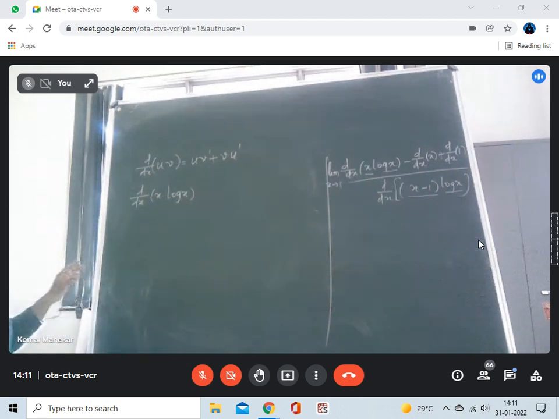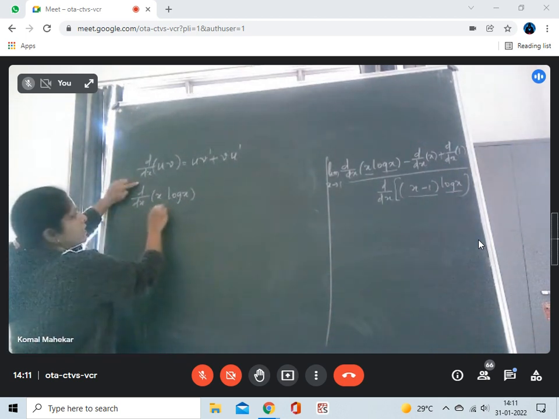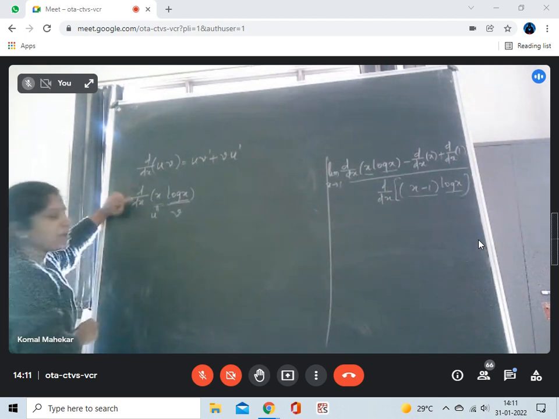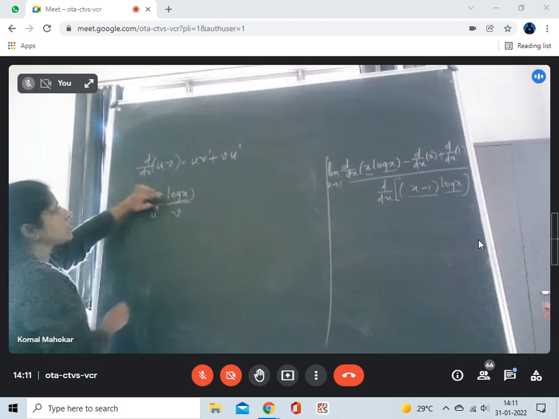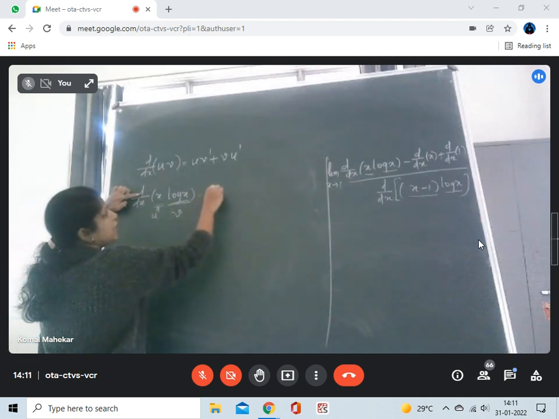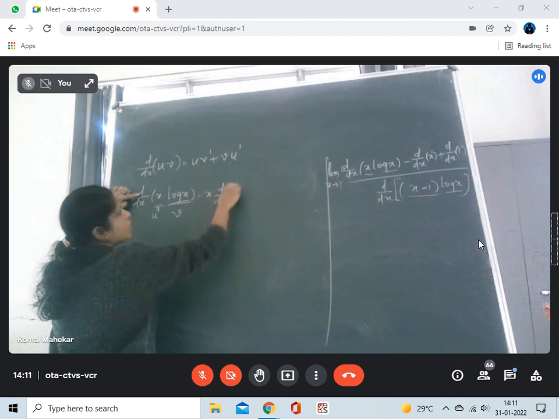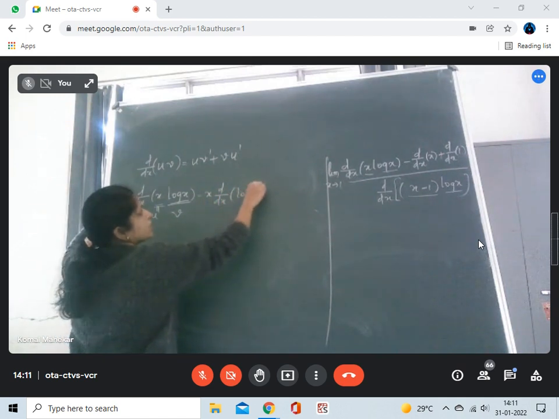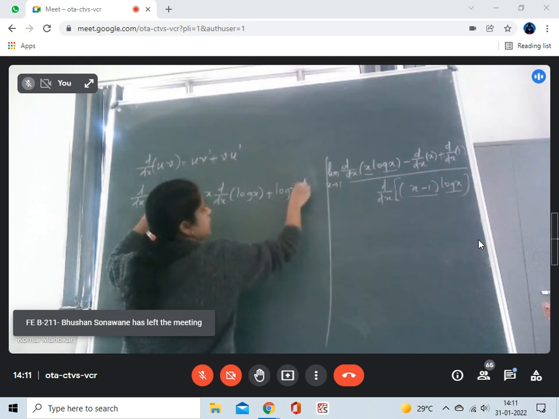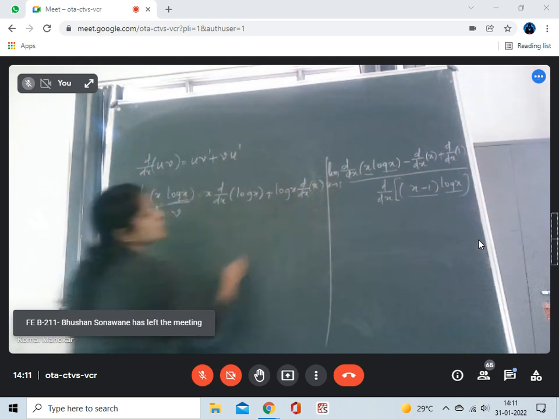Here u is equal to x and v is equal to log of x. So u into d by dx of v, that is x into d by dx of log x, plus v, that is log x, into d by dx of u, that is x.